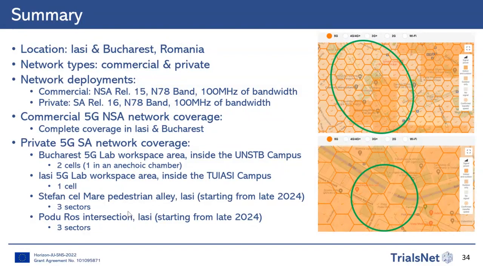We will extend this network coverage for the private network outdoor, starting from late 2024, in the 2 areas dedicated to our use cases. So basically in the Ștefan cel Mare pedestrian alley from Iași, for which you can see the coverage in the top picture, and also for the Poduroș intersection from Iași, with another 3 sectors, for which you can see the coverage in the picture below.